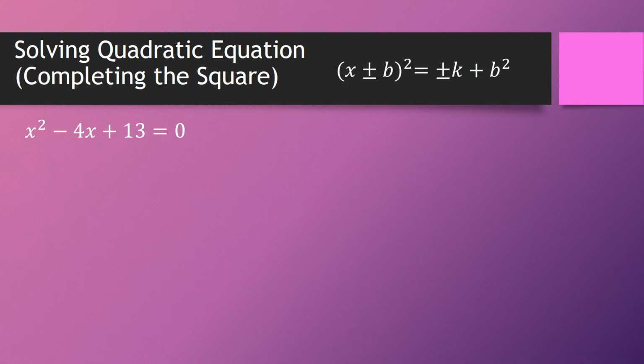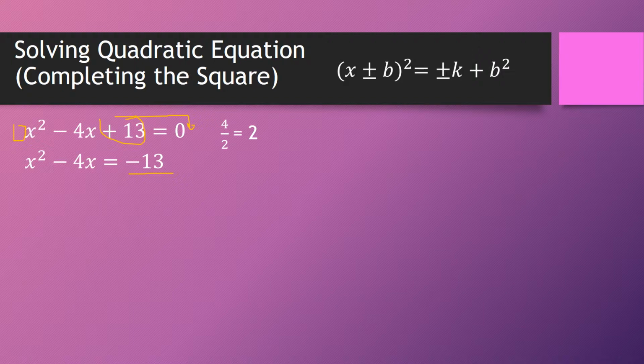Another example. Continue here. Remember, the value of a here is 1. Remember, first step, you move the constant term to the other side because it's positive. When you move it to the other side, now it's negative. What is the next step? You divide.